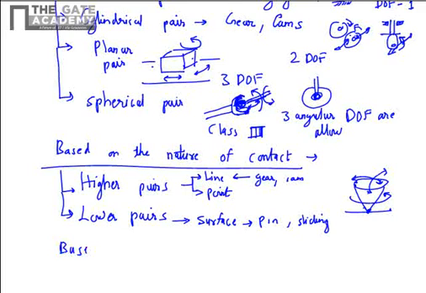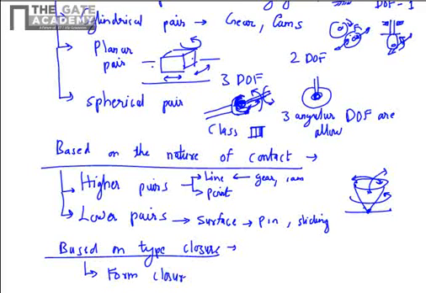Another classification of kinematic pair is based on the type of closure. If the joints are so formed that they are held together by shape and cannot be detached easily, they are called form closure. The pin joint or a window sliding in the frame is an example of this kinematic pair.